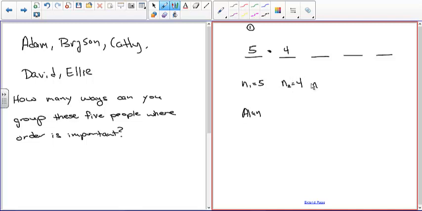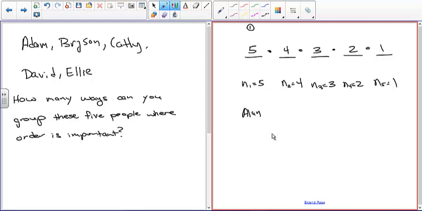Each time, because you can't put the same person into more than one slot, another person is not available for the next space. And so that's my 5-step process.